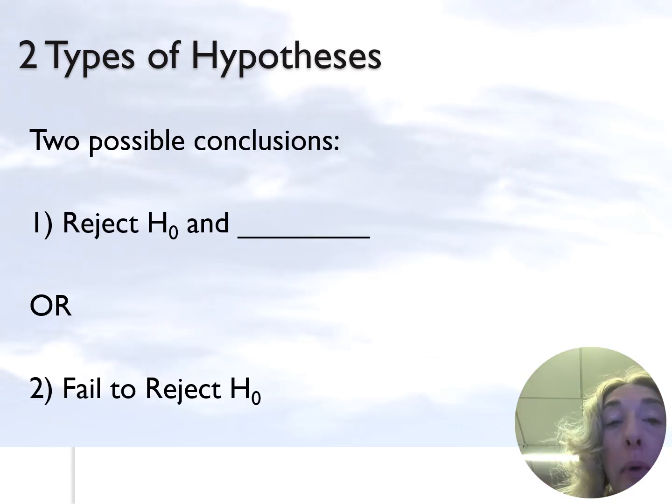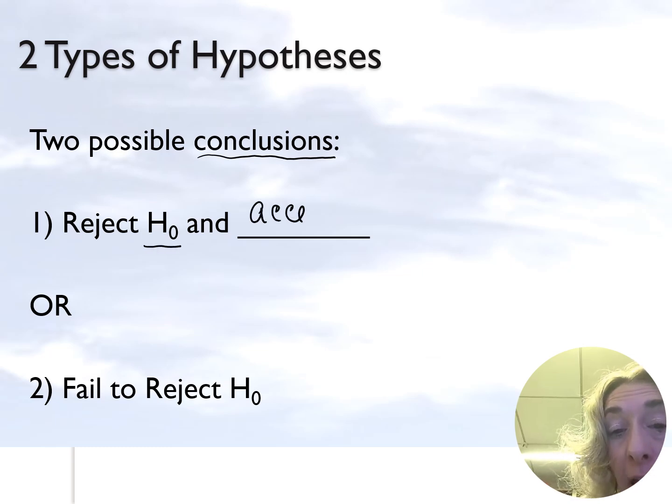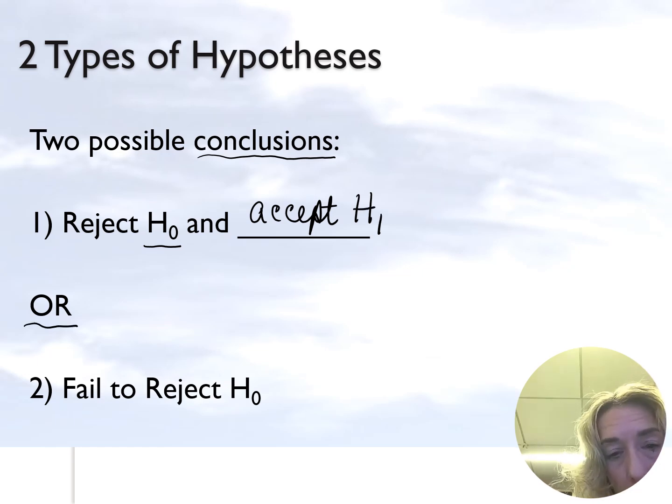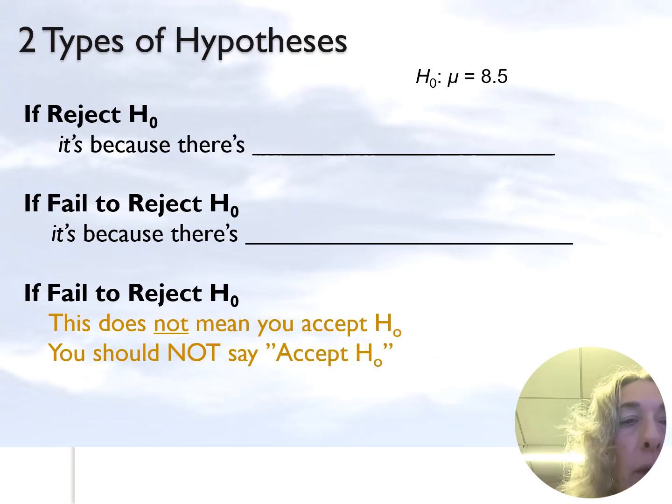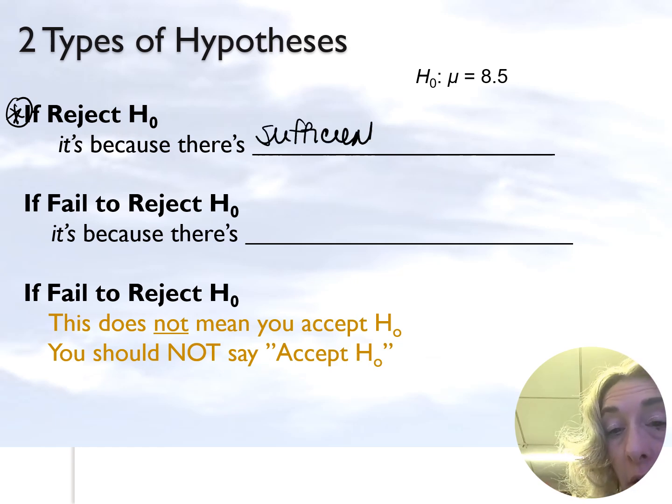There are two possible conclusions with our hypotheses. The first is that you're able to reject the null and therefore accept the alternative hypothesis, or you fail to reject the null hypothesis. One of two possibilities. If you are able to reject the null hypothesis, it's because there's sufficient evidence in the data to do so.